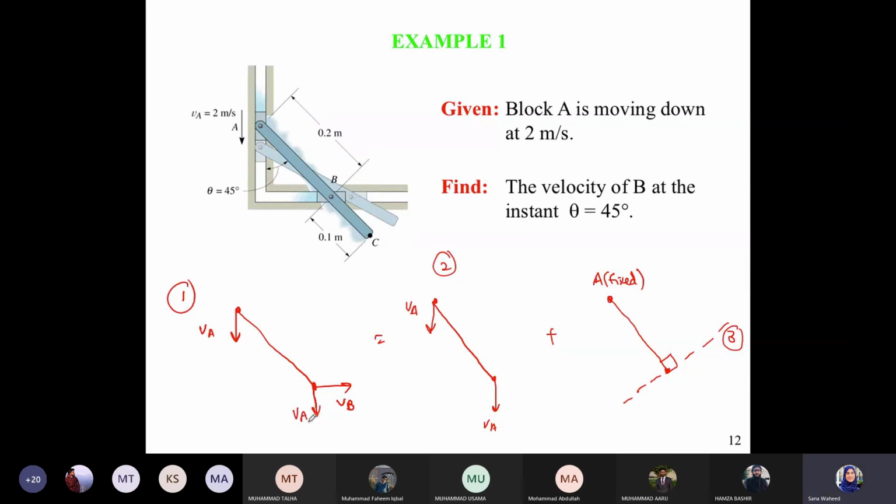And my direction I now know, so I then know that this is going to be my VB by A. So this entire thing right here is my number 4. And that's it then. Just pop in the angles and solve it. Okay, any issues with this?